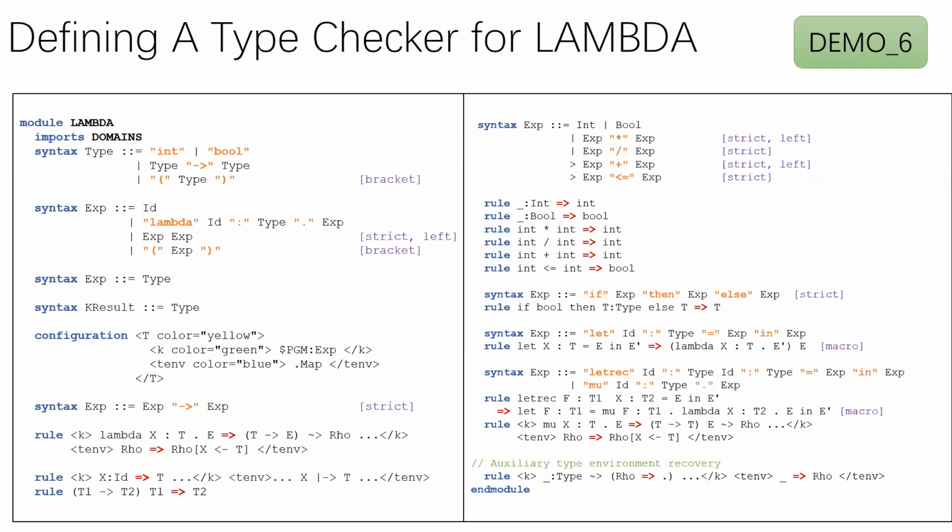So what you see here is a small step semantics of a type system, where an integer value, like 7, rewrites to the type int, and then you gradually rewrite the program to its type.